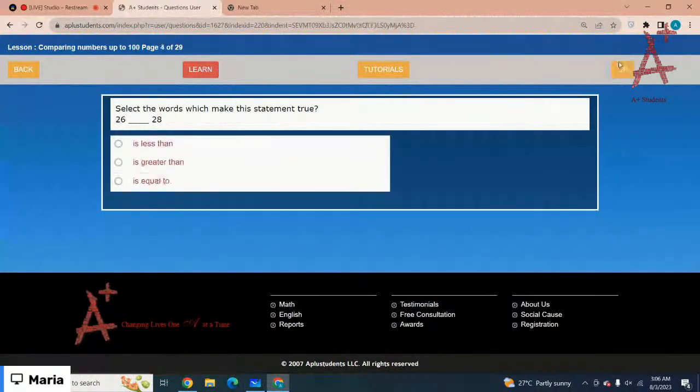If you already know the answers, you can please write down the answer in the chat box. Select the words which make the statement true, 26 and 28. Which is the correct option?